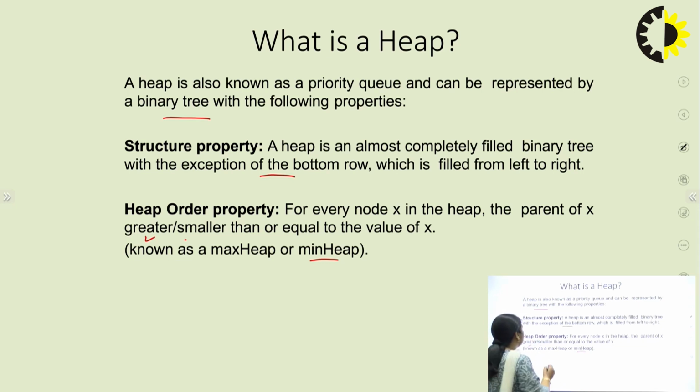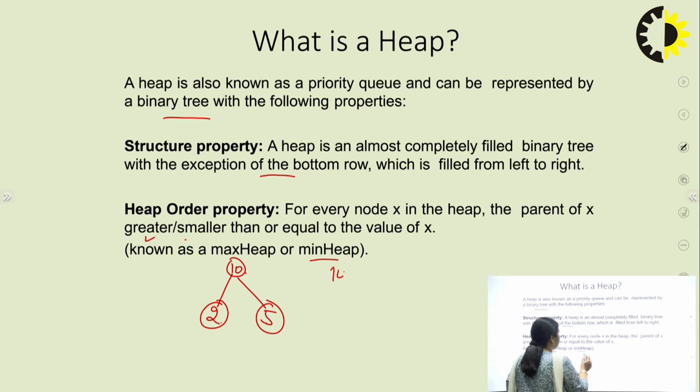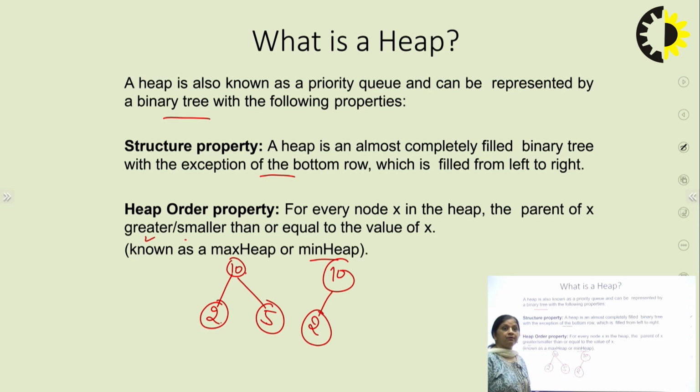So if I talk about this particular binary tree, it is a heap. Why? Because the parent node is greater than the two child nodes and it is a complete binary tree. If I talk about this one, it is also a complete binary tree.